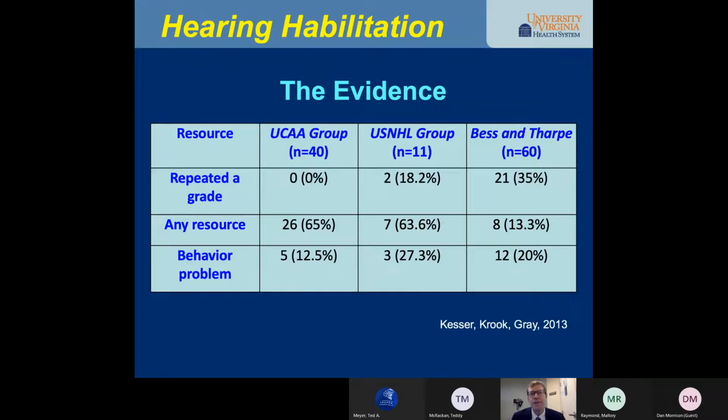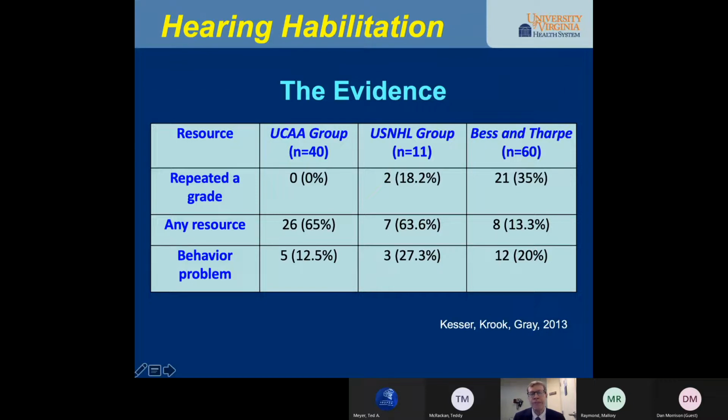And so what if you do nothing? We looked at that question a few years ago and wanted to know, of the children with unilateral aural atresia, do they have the same grade repetition rate as children in the unilateral sensorineural hearing loss group?